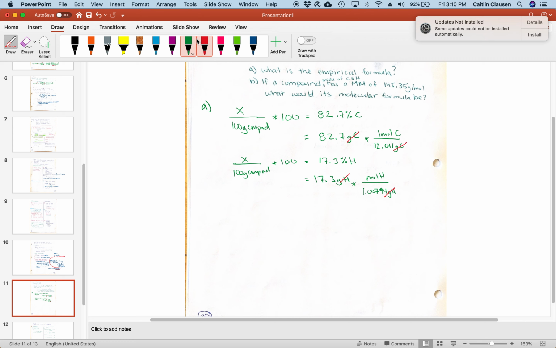82.7 divided by 12.011, 6.89 grams of carbon. Moles, should be moles, because my unit on top is moles.